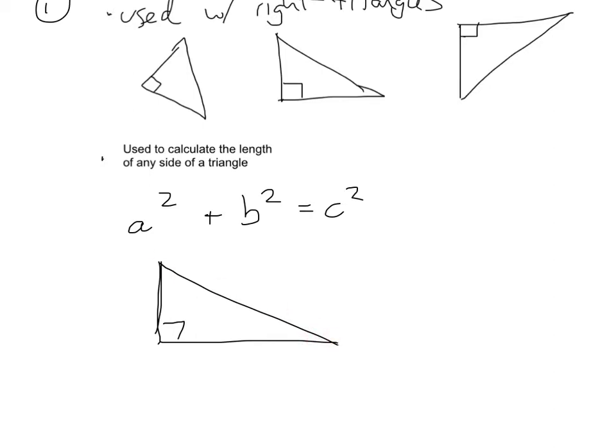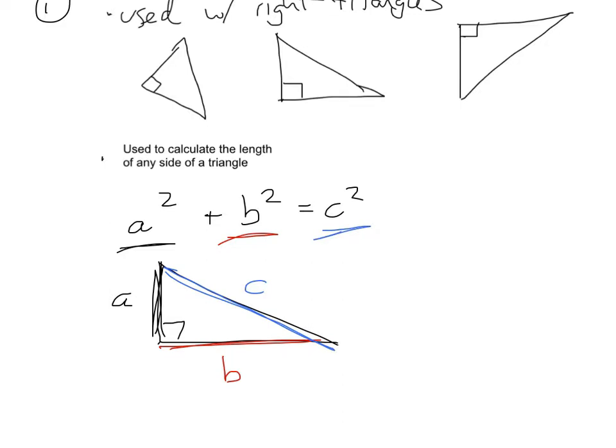So what it means is that if I take this side, which we're going to call A, and it's one of the legs of the triangle, and I square it, I take the length of this side and square it, and I add to it this length down here, which is B, and I square it, what it will equal is this length right here, which always has to be C, squared.